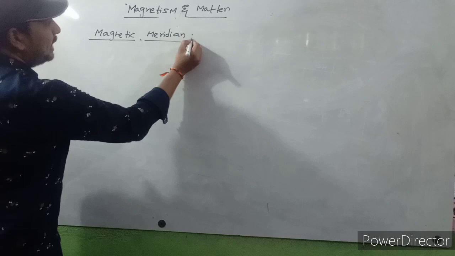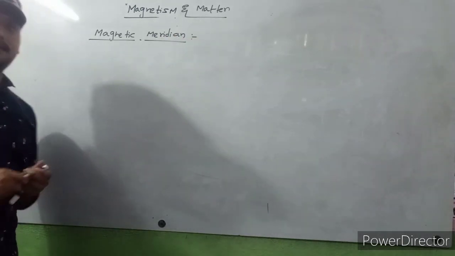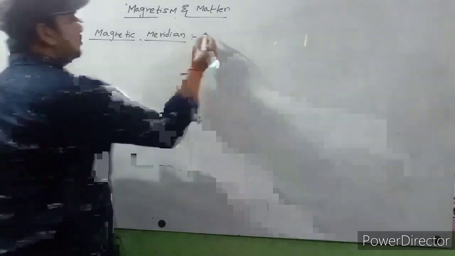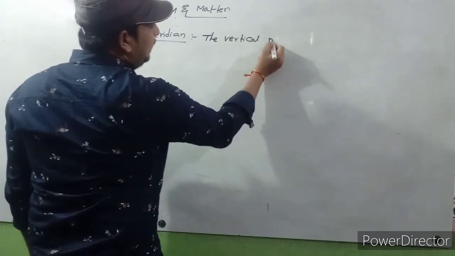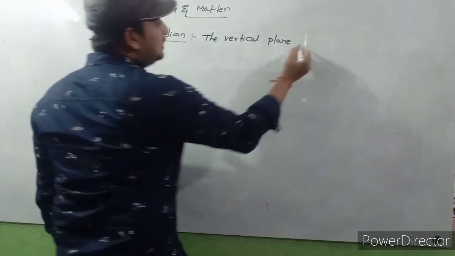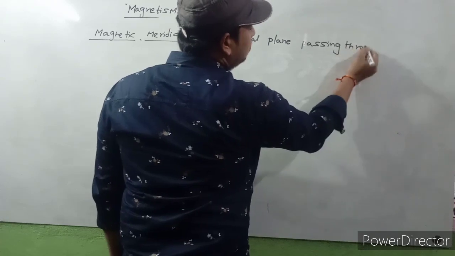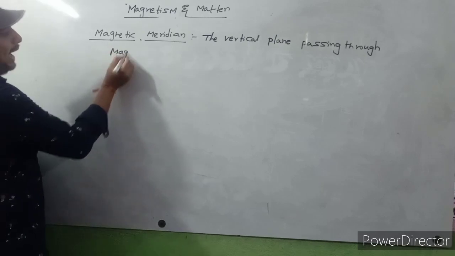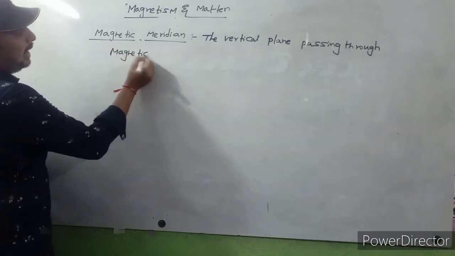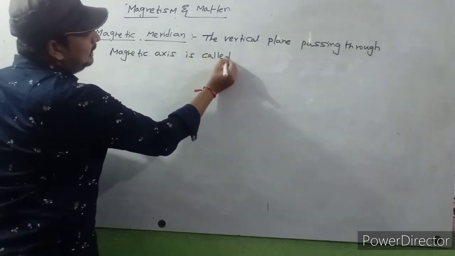What is meant by magnetic meridian? This is one of the terminologies of earth magnetism. Magnetic meridian is the vertical plane passing through the magnetic axis, called the magnetic meridian.